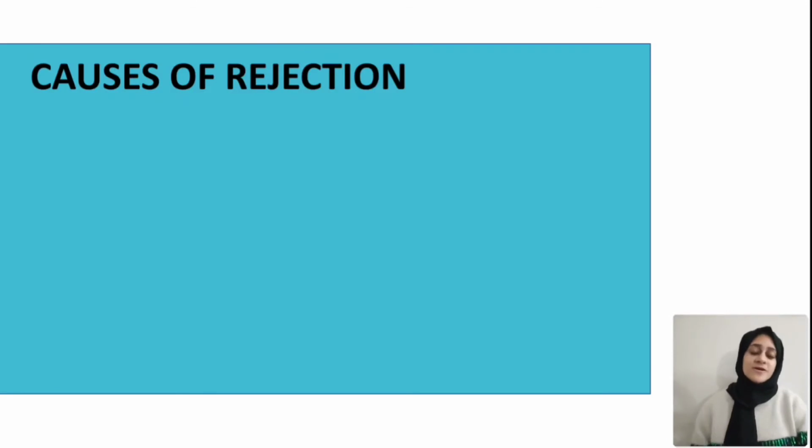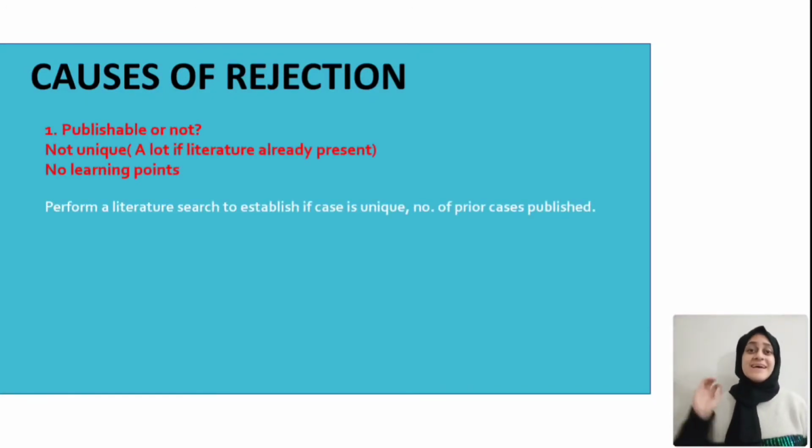So now we'll be talking about some causes of rejection, and we want to make sure we are far away from them, so that all the work we put into case report writing is fruitful. Number one cause: is it worthy to be published or not?